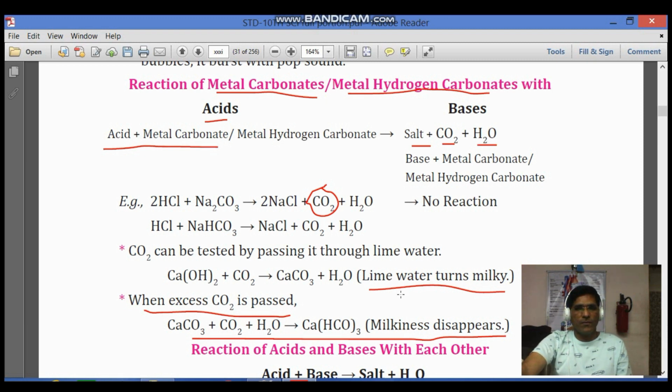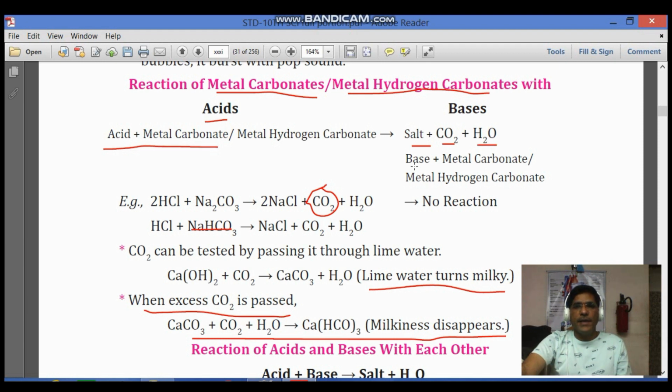Again, we have to discuss the reaction of metal carbonate and metal hydrogen carbonate. Metal hydrogen carbonate means HCO3. So when acid reacts with metal carbonate or metal hydrogen carbonate, it will give salt, carbon dioxide and H2O.